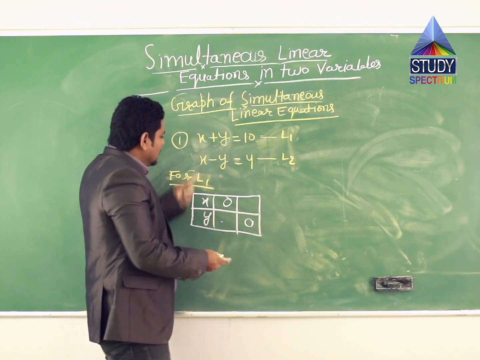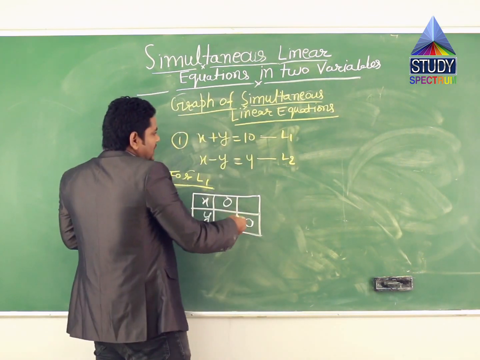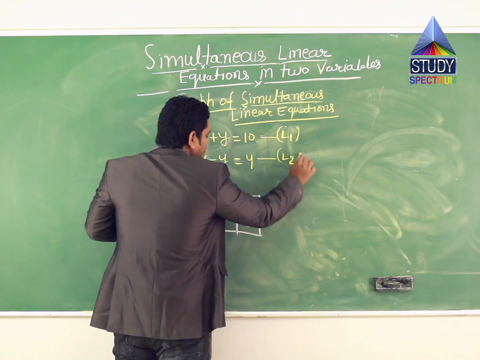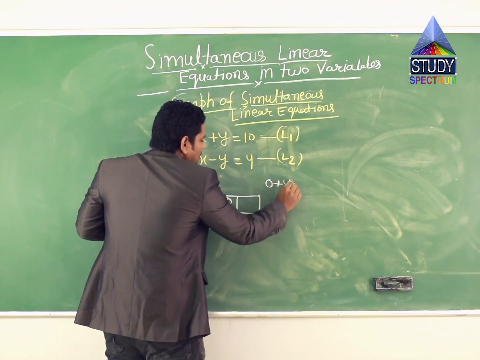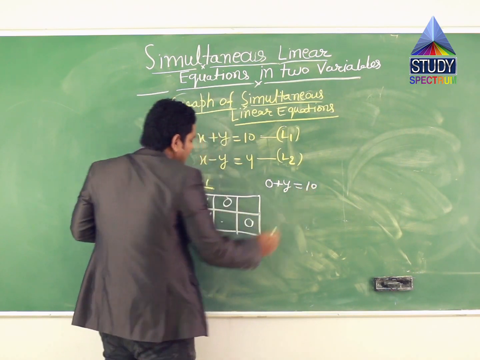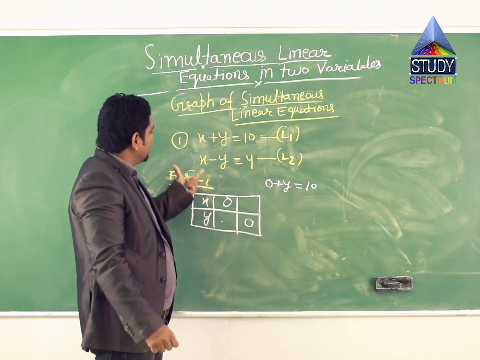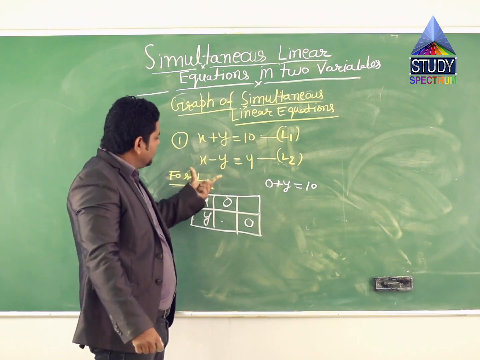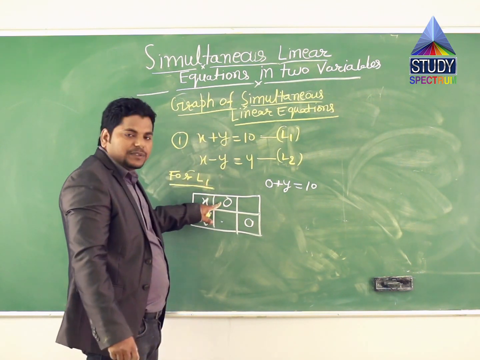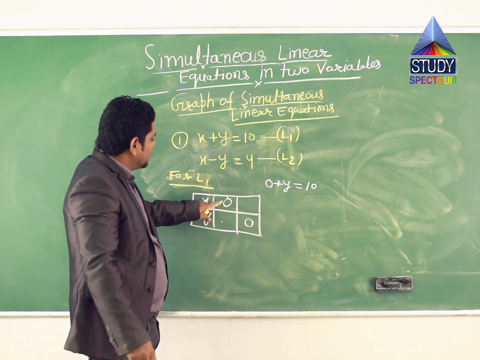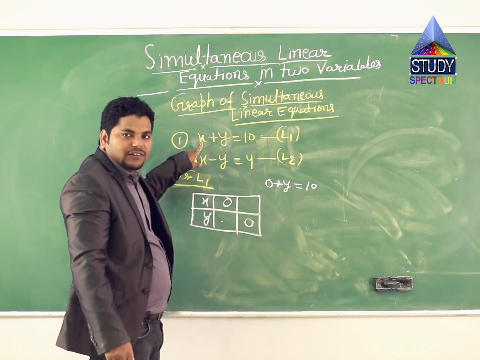So now our equation is x plus y equal to 10. We are discussing L1 first of all, then we will go for L2. So for L1, first we substitute x equal to 0 in the equation.